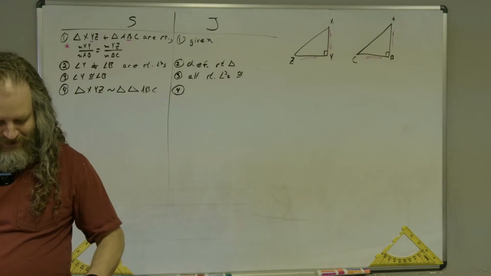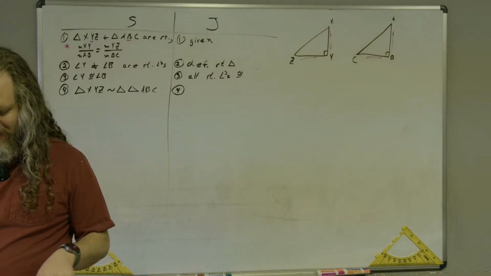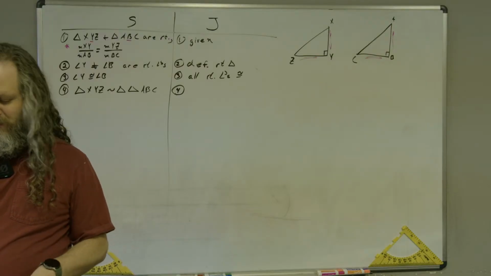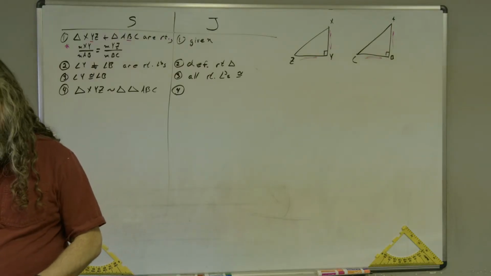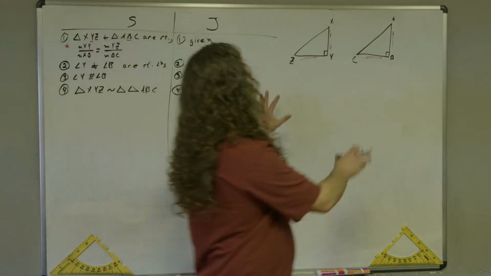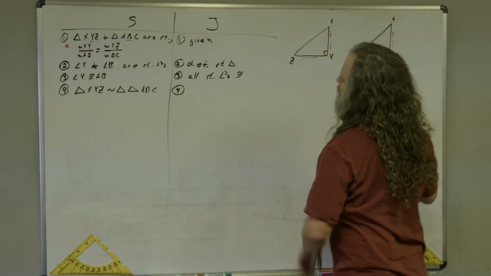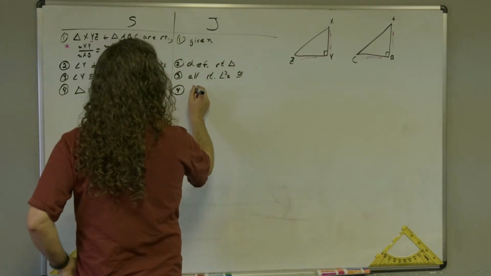We have side, side, side similarity, angle, angle similarity, and side, angle, side similarity. Side, angle, side. The sides around the congruent angle are proportional, and we've got a congruent angle. So it's side, angle, side.